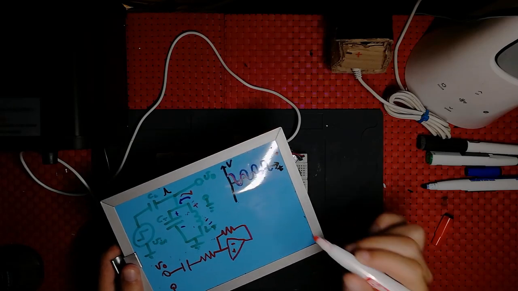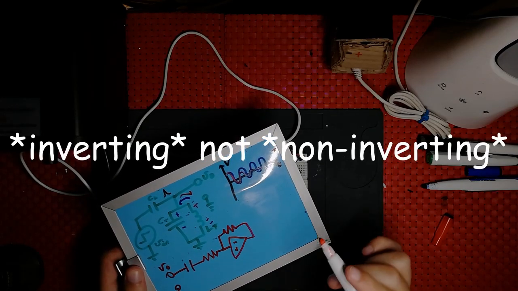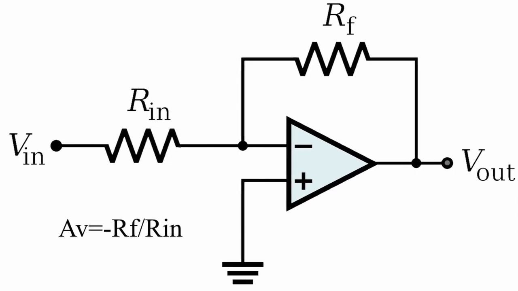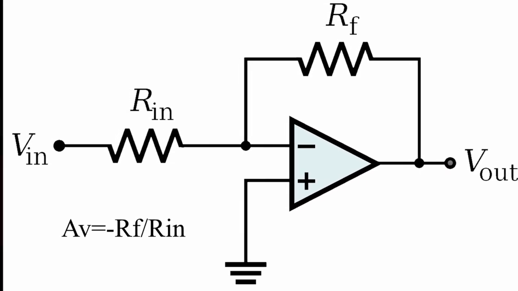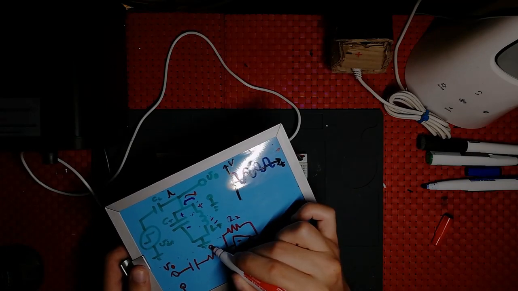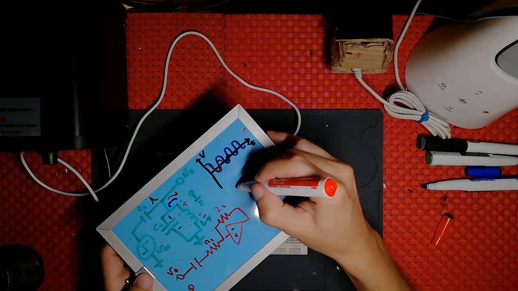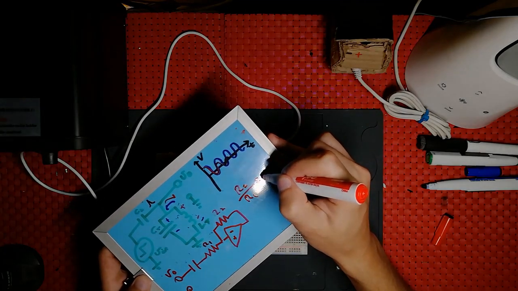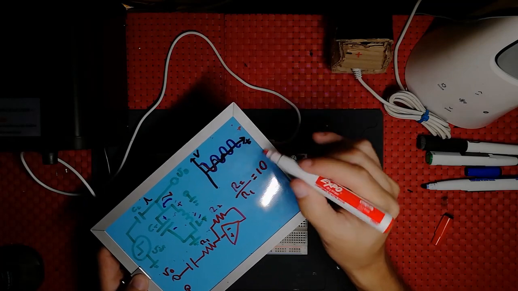I'm going to use a non-inverting configuration, because I find it the easiest to deal with the voltage reference, which I'm going to describe later. And I'm using a ratio of R2 to R1 so I can get a gain of 10.